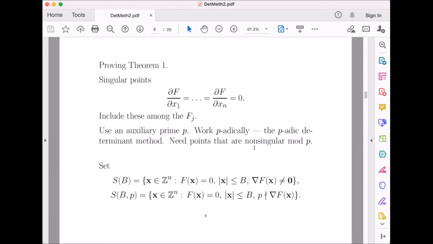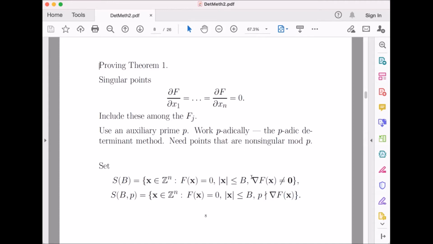Now we're talking about the p-adic determinant method, so we're going to use an auxiliary prime p, and we're going to work p-adically. So what we actually need are points that are non-singular modulo p. So let's look at the sets S of b. These are the points on f equals 0 in the box |x| less than or equal to b, for which grad f is non-zero.